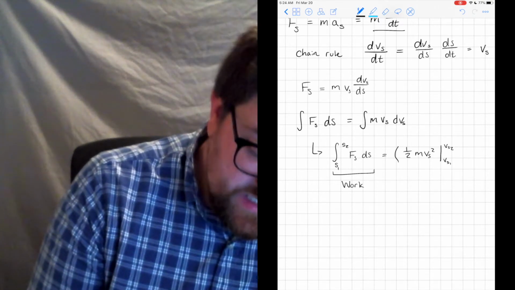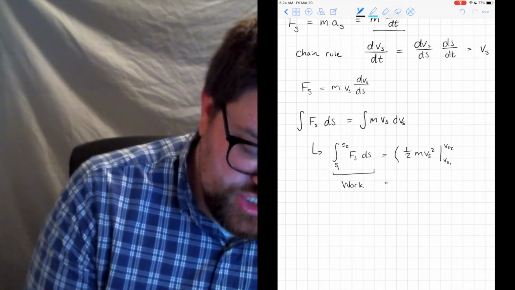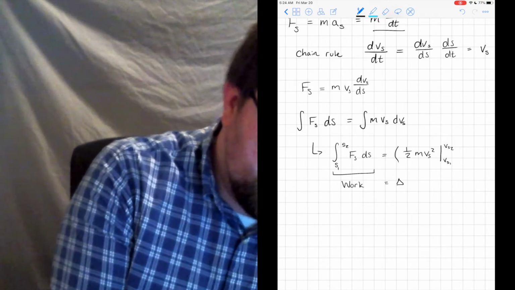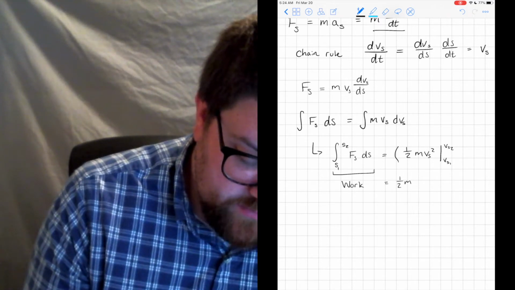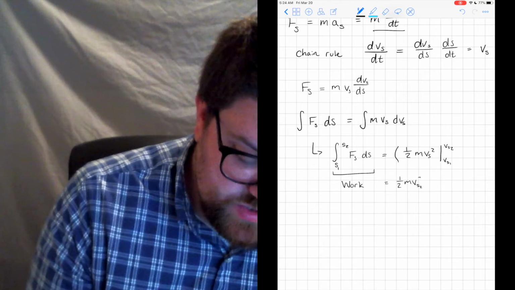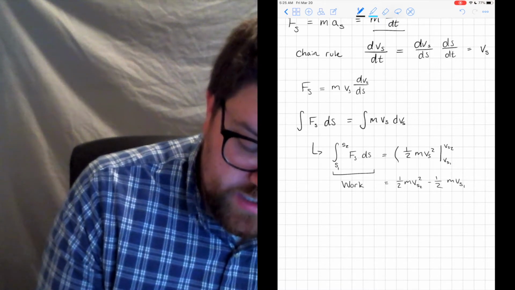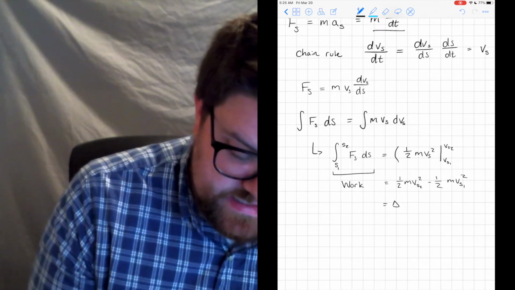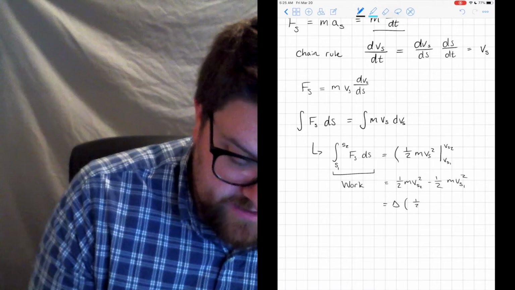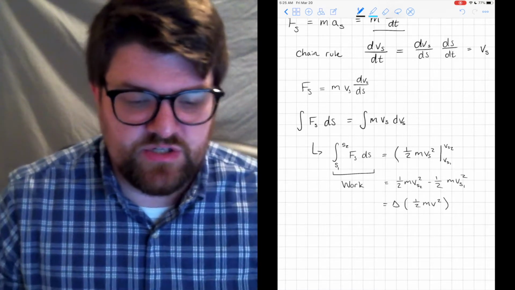And that is equal to this change. Let's write out one more step: 1/2 m vs2 squared minus 1/2 m vs1 squared. Another way of shorthand writing this is the change in 1/2 mv squared when evaluated at two different locations.